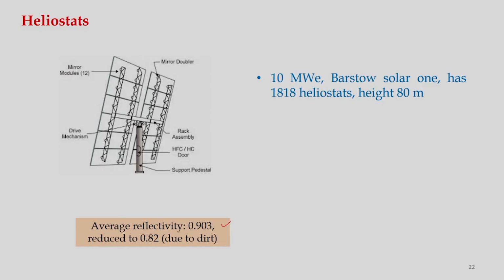And in case of Barstow Solar 1, it has about 1818 heliostats, and the height of the tower is about 80 meter, and it can produce 10 megawatt of electrical energy. So, E stands for electrical energy.